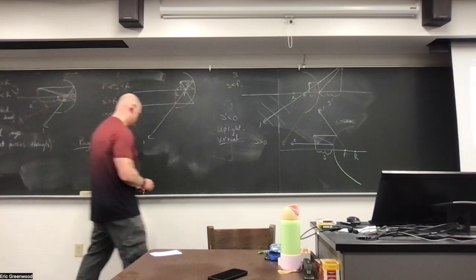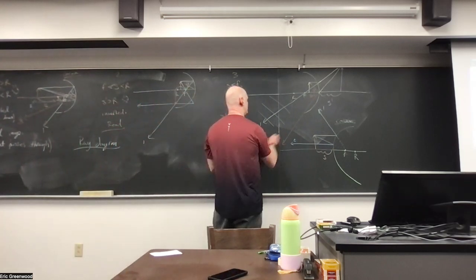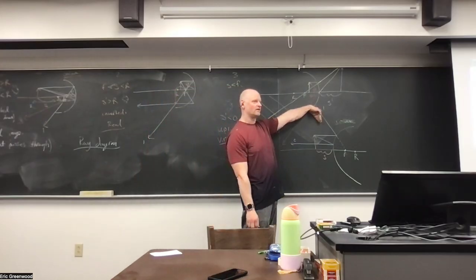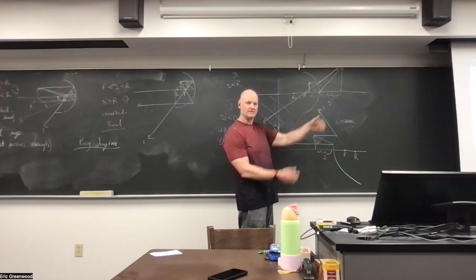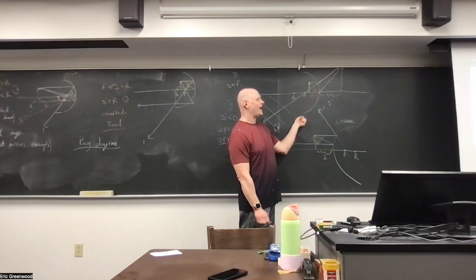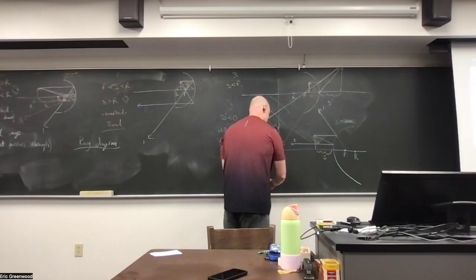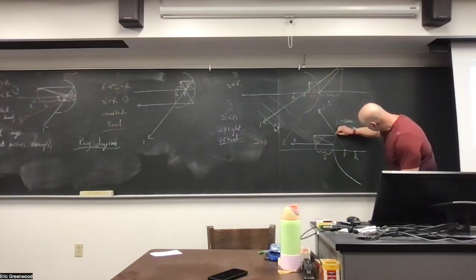Now again, just to clarify, my eye is out here watching the entire thing. What my eye sees are these two lines diverging away from each other, spreading out. So my eye, being a stupid thing, is going to ray trace each one of these backwards to where it thinks it came from.